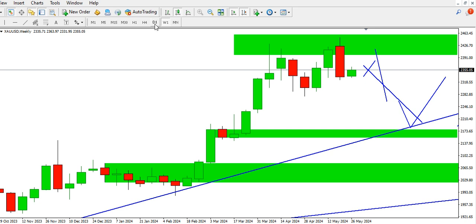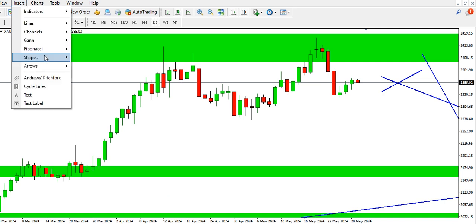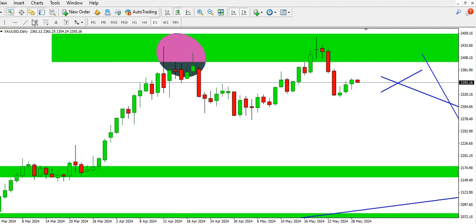On the daily time frame, we've done pivot analysis, and we are looking at a possible double top. It's likely to form a double top. This is the first top. This is the second top.